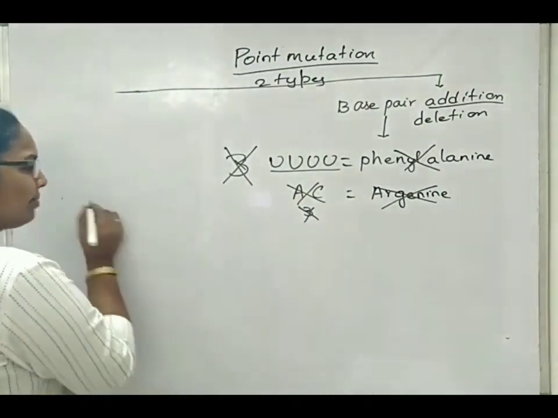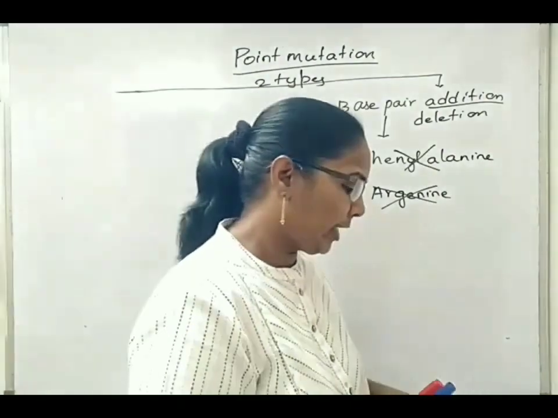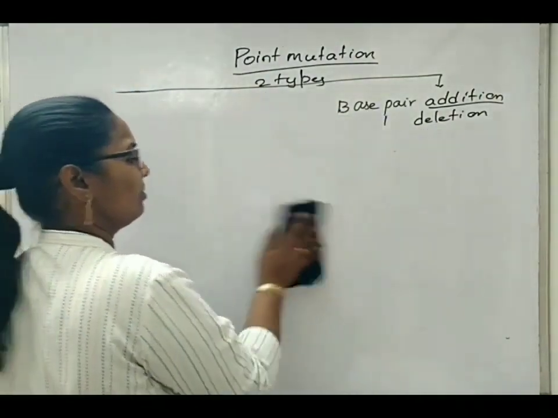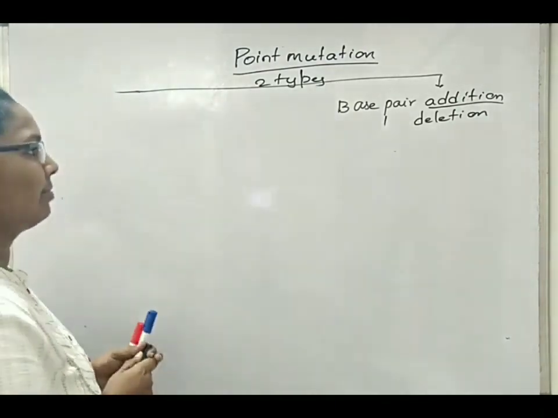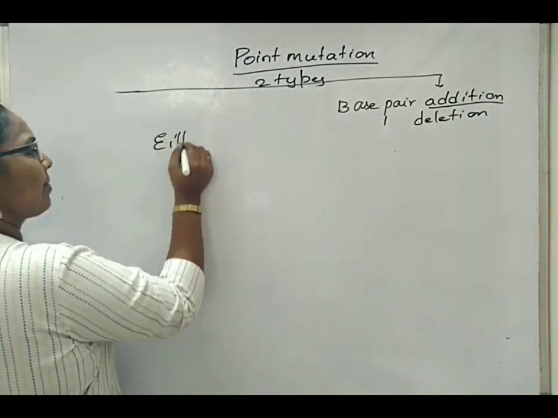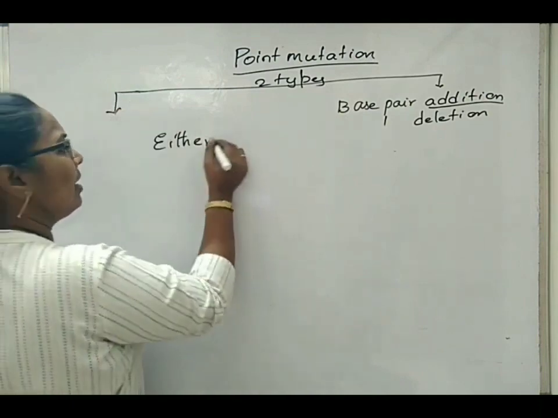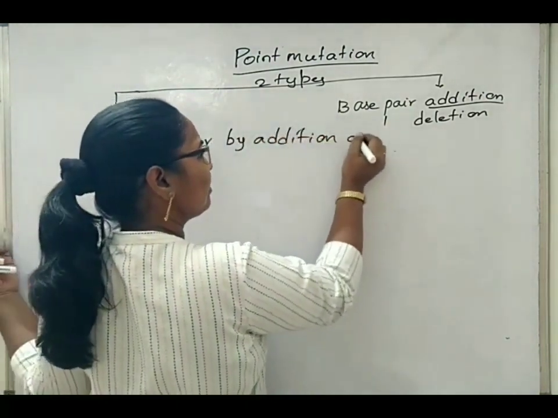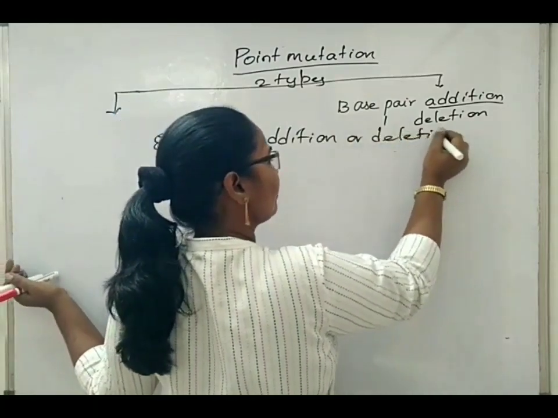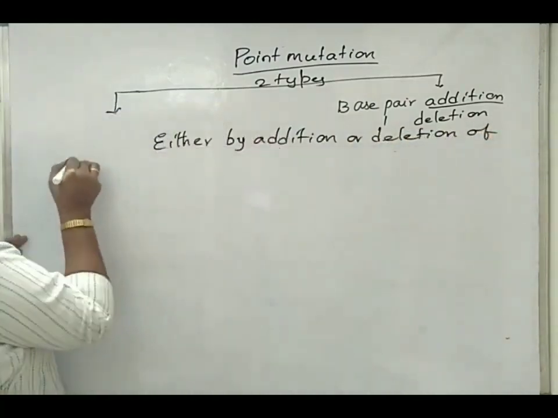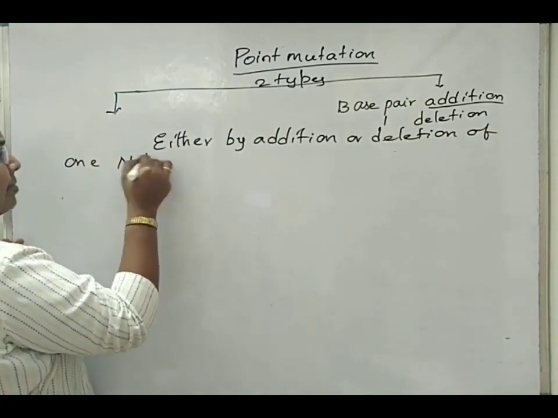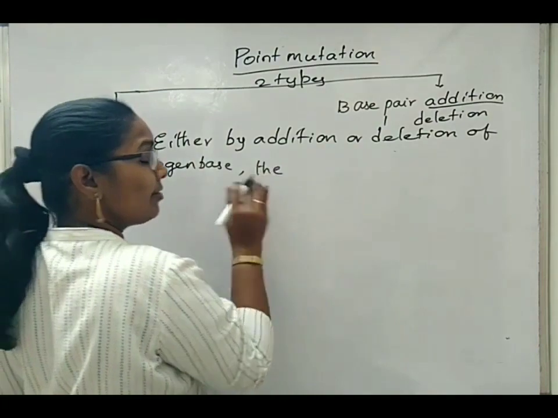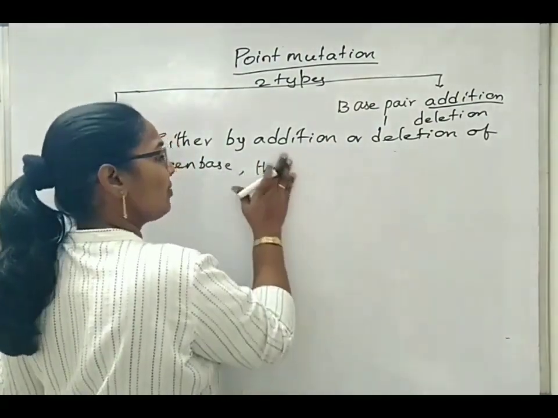So we can say base pair substitution mutations, either by addition or deletion of one nitrogen base, the frame of the total translation process will be changed.